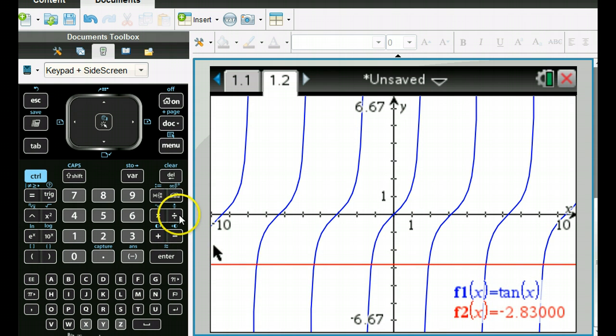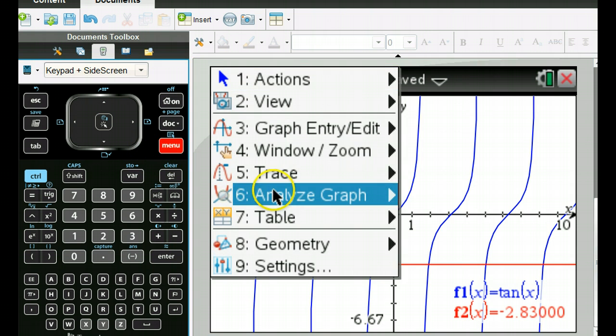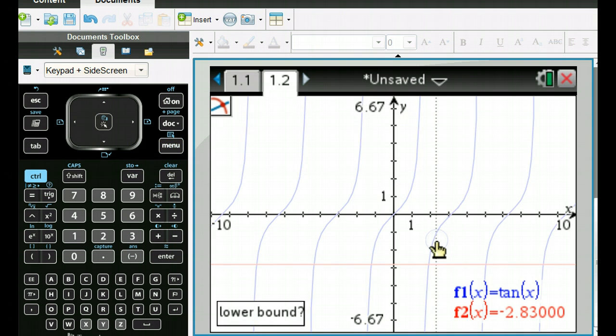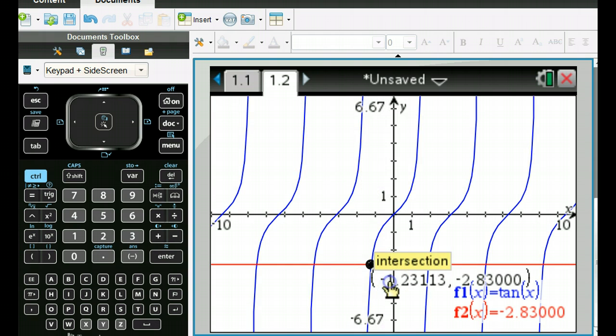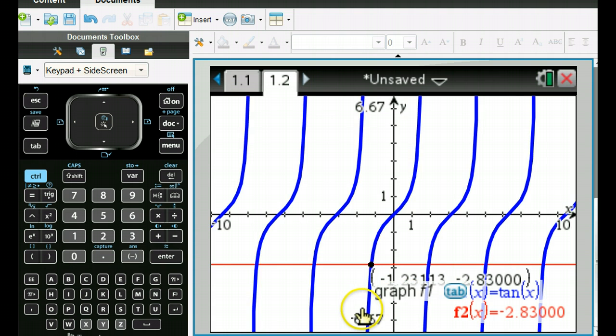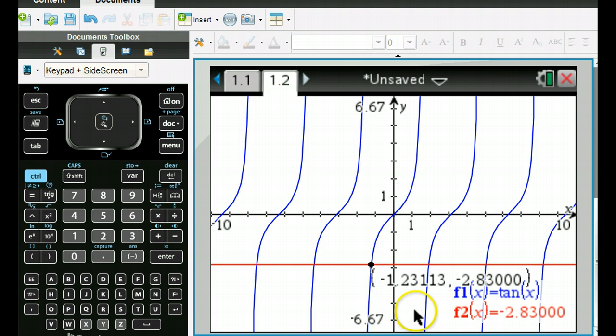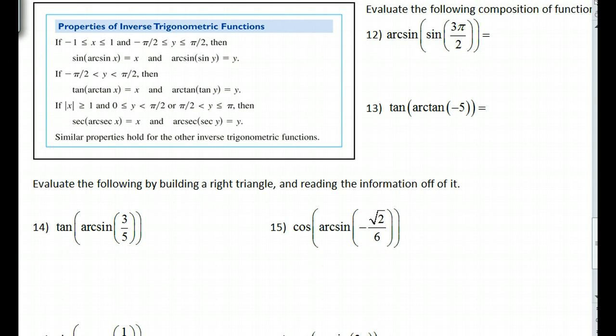If I find the point of intersection, I can do that here. If I look at it here, I want this point right there, because I need to be from negative pi over 2 to pi over 2. I can't take any of these other values unless I'm looking for something different. But since it's just inverse tangent, I want one value, and there it is. Okay, let's finish up this last part.